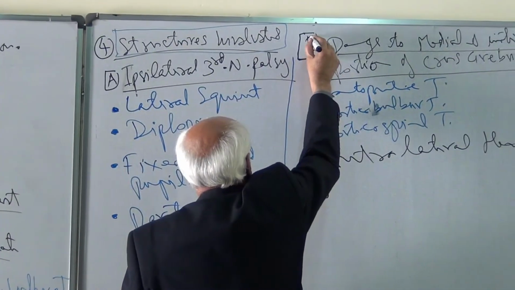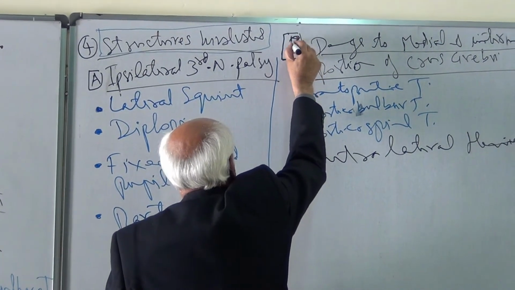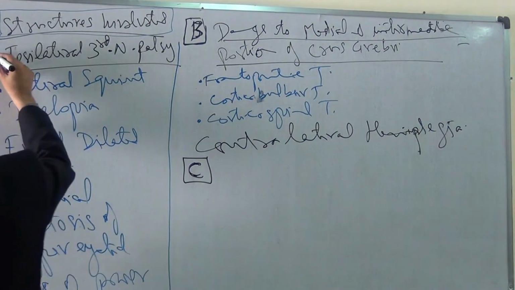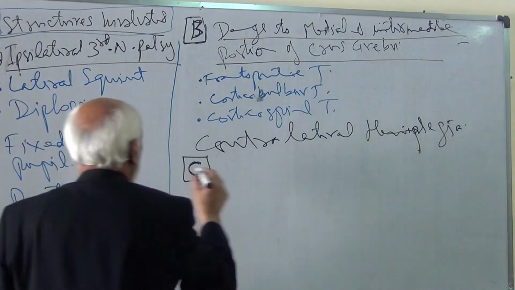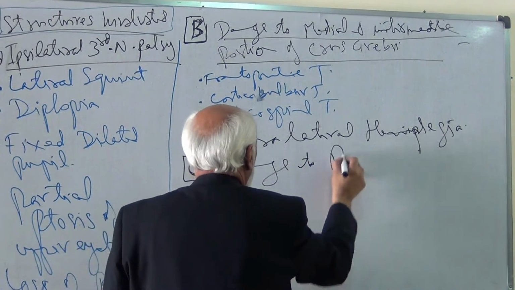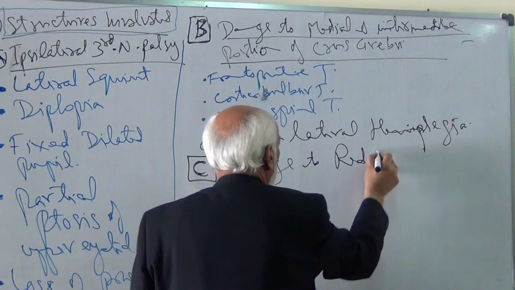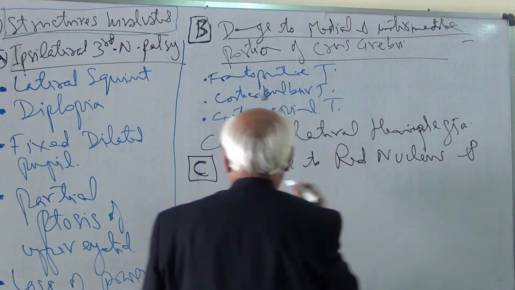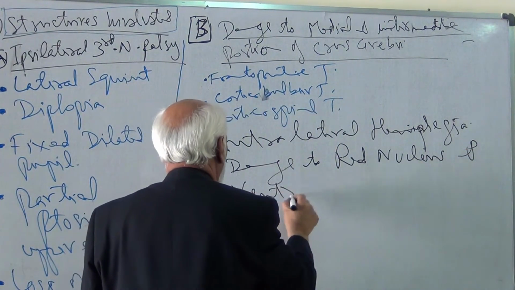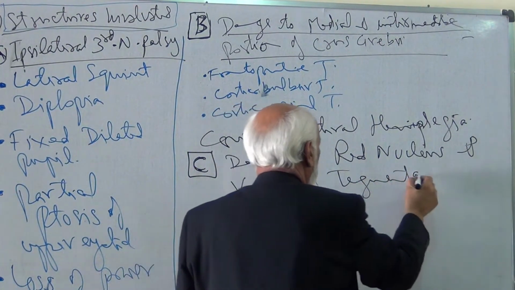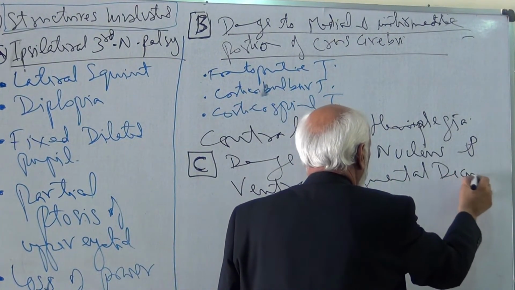Next is the damage to the red nucleus. What are the effects of damage to the red nucleus and ventral tegmental decussation?